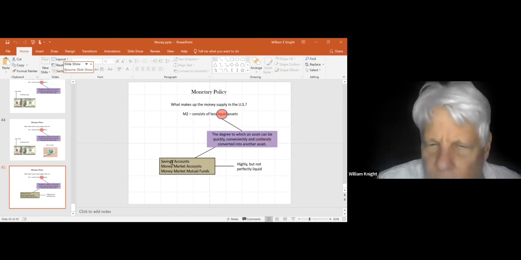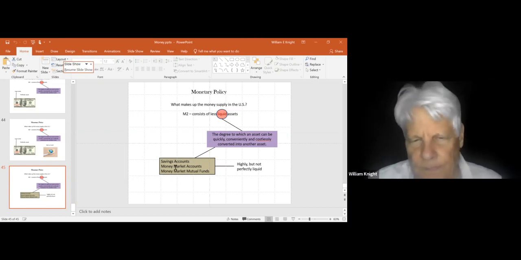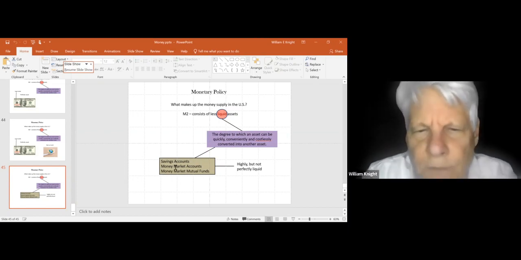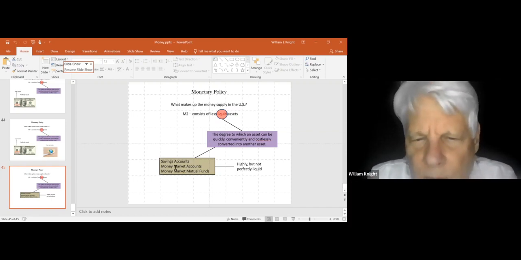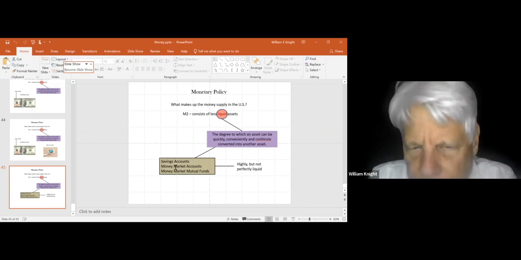Now, let's look at the difference between a checking account, a savings account, and a money market account. And what you're going to find is that a savings account and a money market account are less liquid than a checking account.